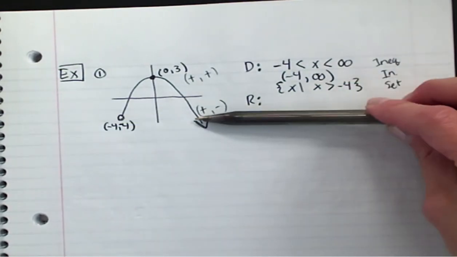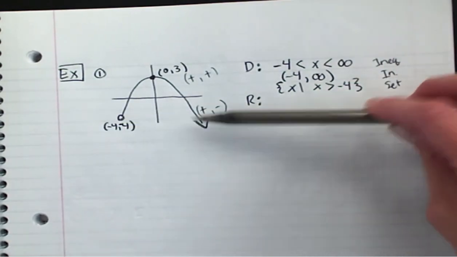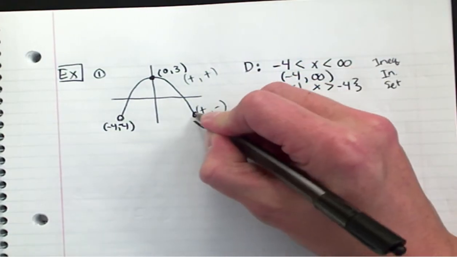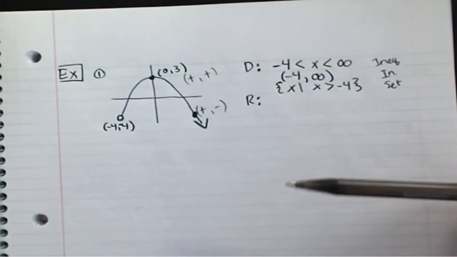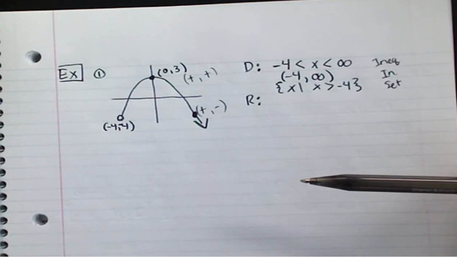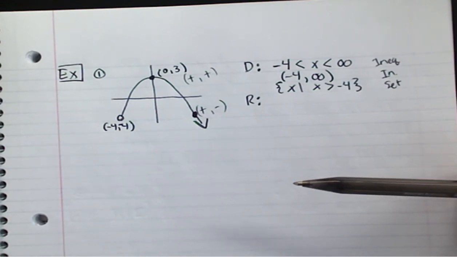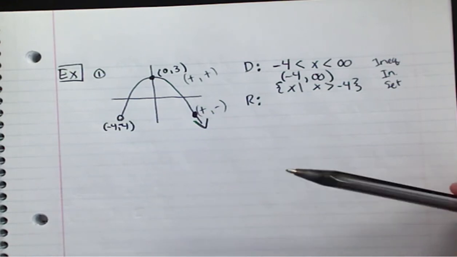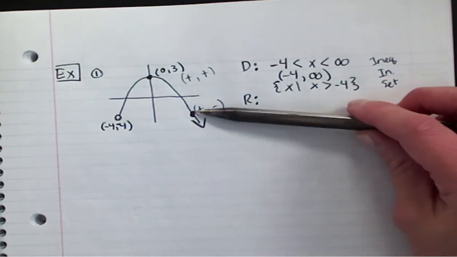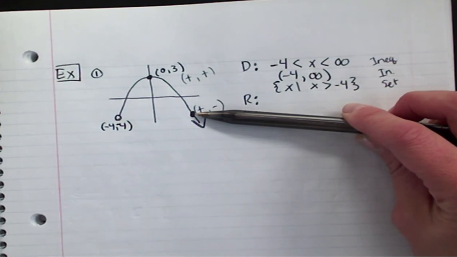Negative 4 y coordinates included right here. So it's included. The overlap, it counts. You're only listing all values that are included. Is negative 4 included? Yes.